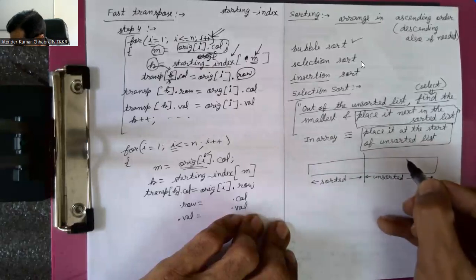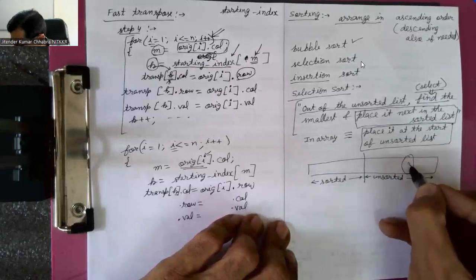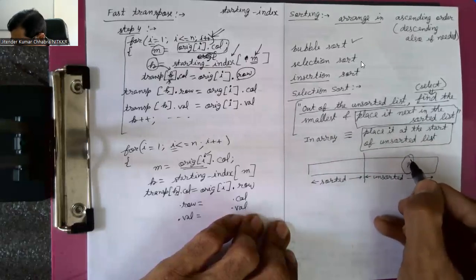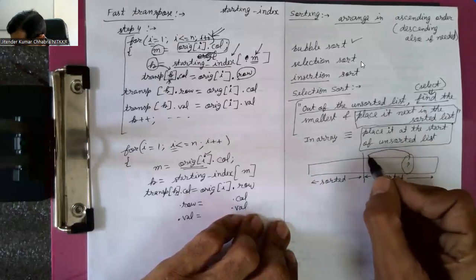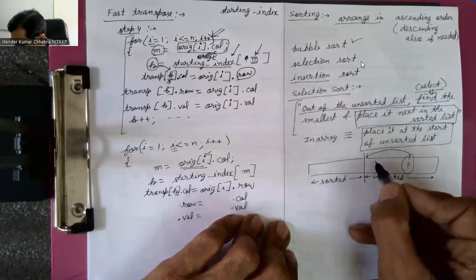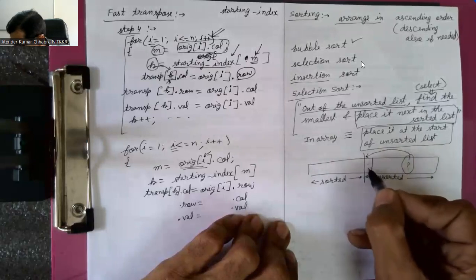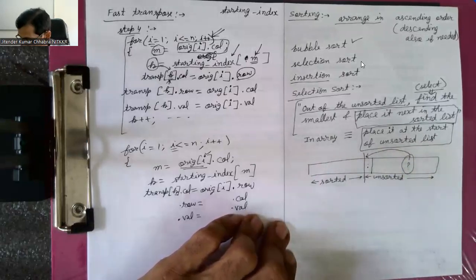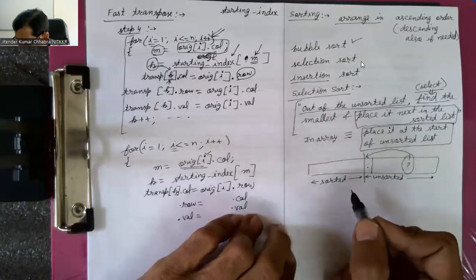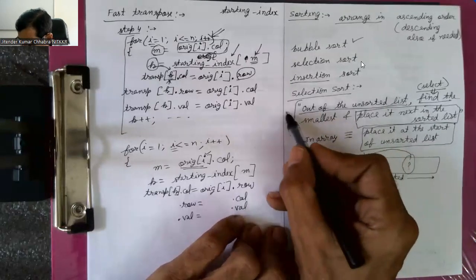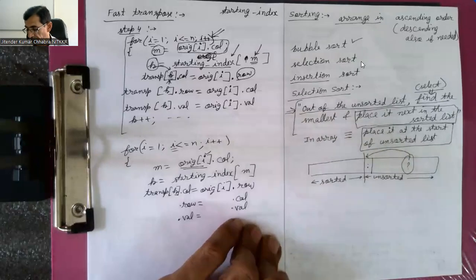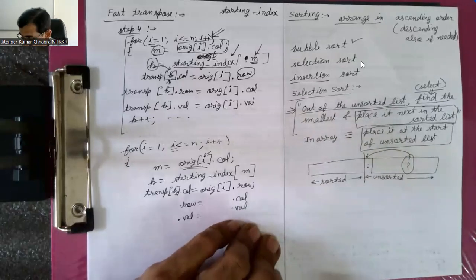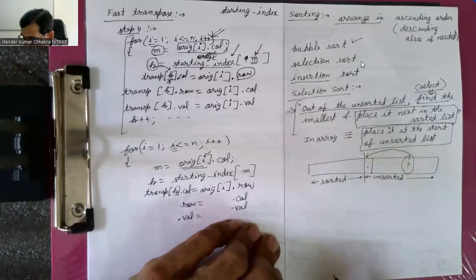Out of this, finding the smallest, let's say this element is the smallest. Whether you say bring it next to the sorted list or bring it at the start of the unsorted list is one and the same thing. But this is clear and easy to understand. So now let's go and find out what this means. Selection sort explains how it will work.